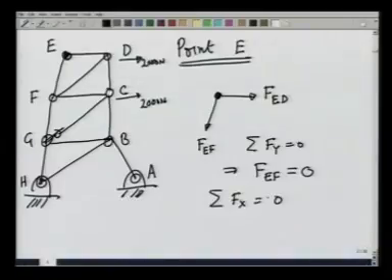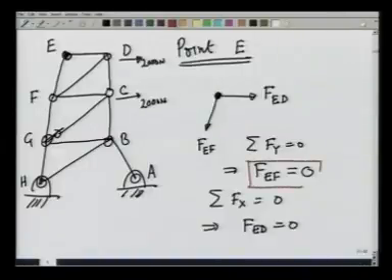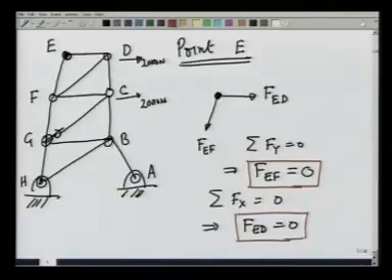If F_EF is 0, then summation Fx equals 0 again implies that F_ED is 0. So, starting from point E, I get two answers right away, that the forces in the members EF and ED are 0.